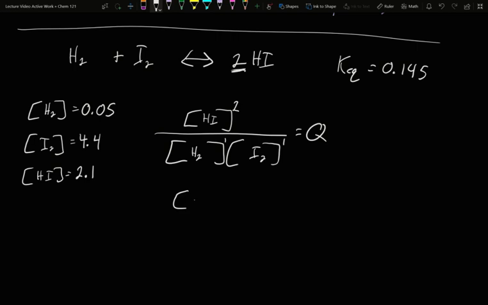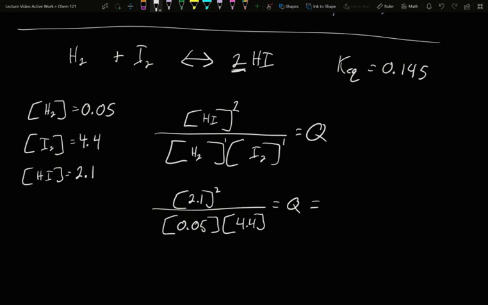Well, our HI is 2.1 to the second. Our H2 is 0.05, and our I2 is 4.4. This will equal some Q value, just whatever the quotient is for this moment.